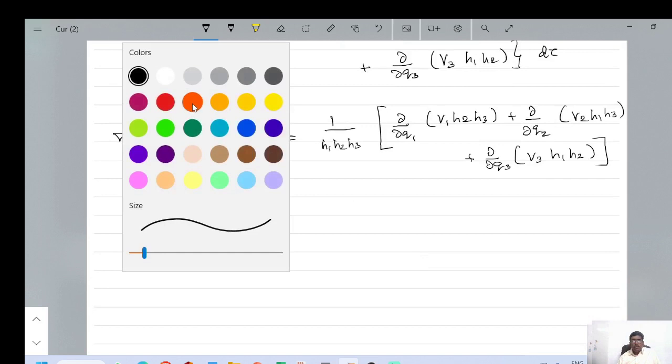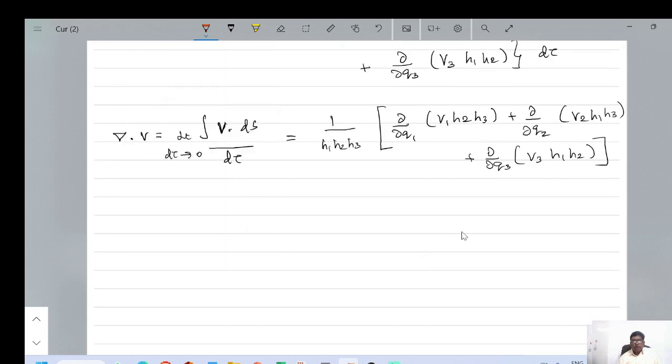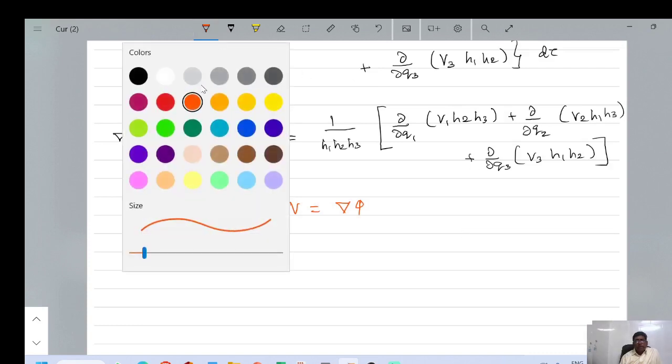If you want to know the value of the Laplacian operator, put v equal to grad phi. We know the value of the gradient operator.